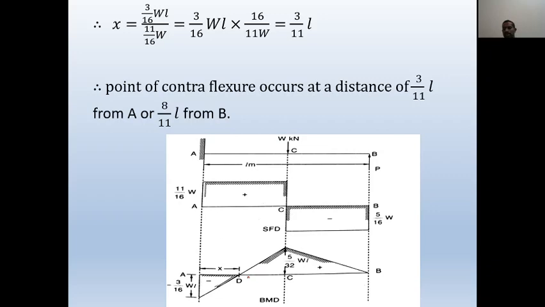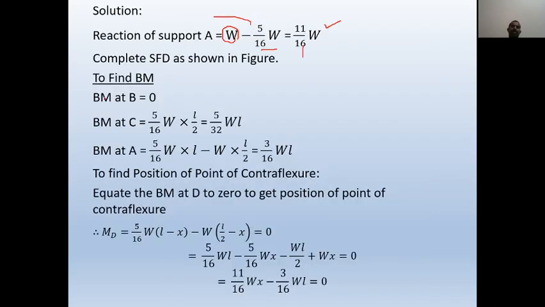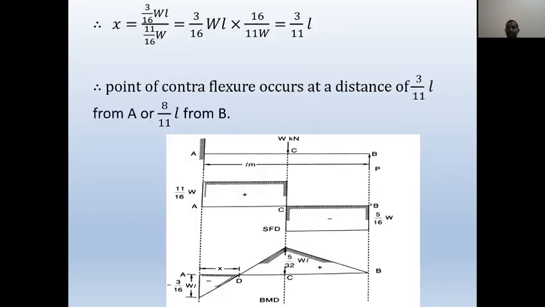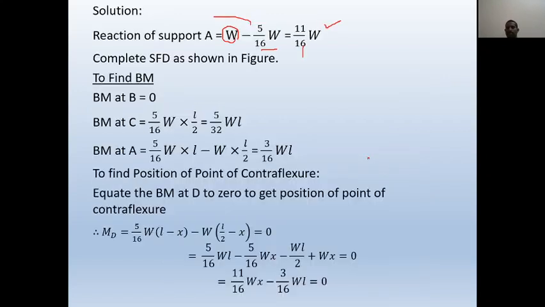Now the bending moment diagram we are going to discuss in detail. Bending moment at B is 0. At B exactly it is 0, because at a free end we always have bending moment equal to 0.